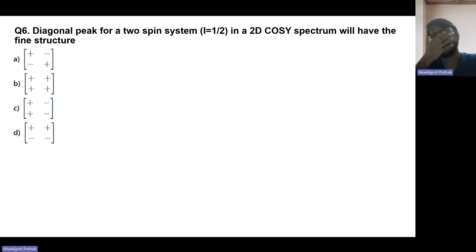Just now we derived this and we saw that when we take the first term and do the Fourier transform, we are getting four frequencies and all these four frequencies have absorptive line shape, positive spectra and absorptive line shape, right? So I've told you the answer now.